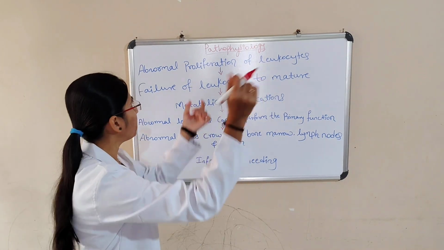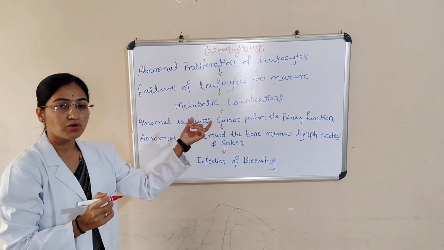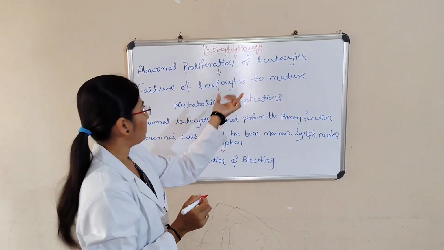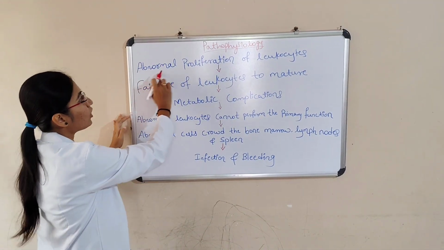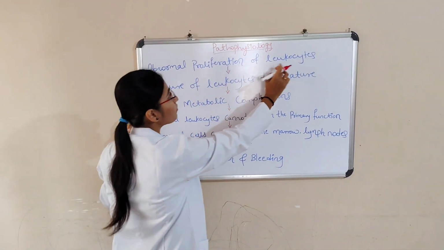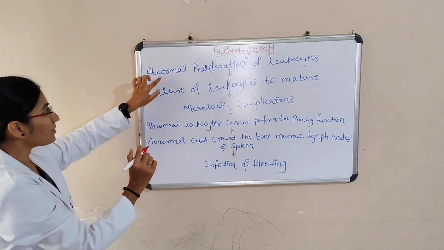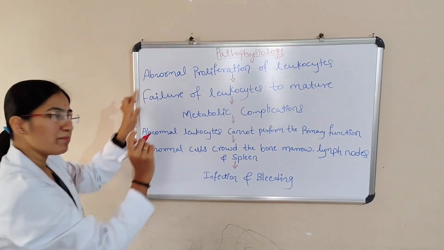Next we'll see the pathophysiology of leukemia. First, there is abnormal proliferation of leukocytes, both mature and immature.